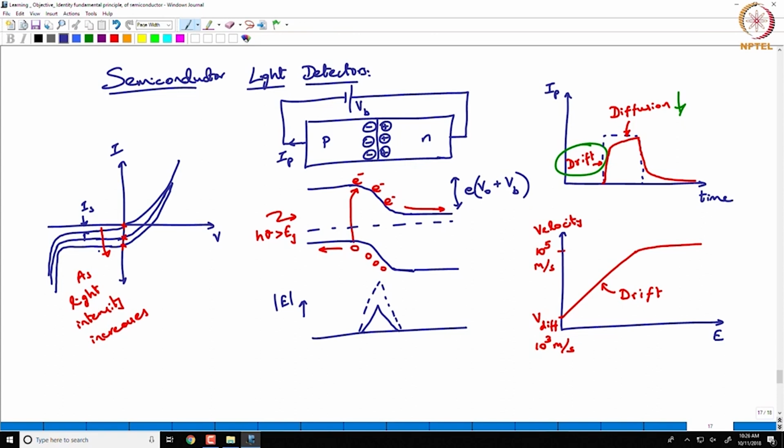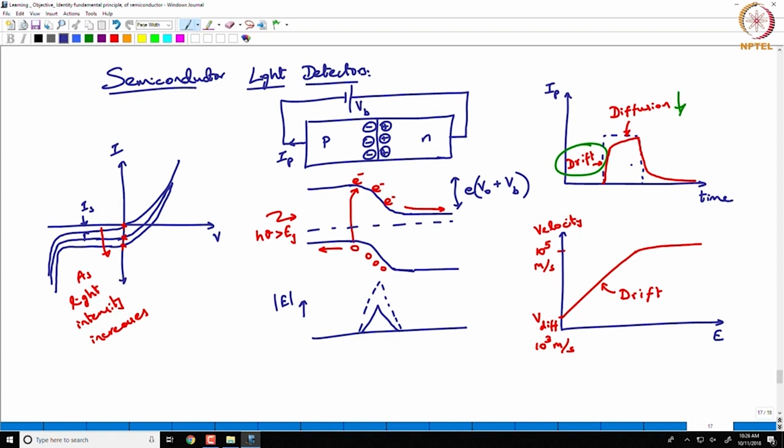Yes, so the question is, can we just review this I_P versus time? What we are saying is that the illumination is given by this dotted line, which corresponds to the power as a function of time. You would want an ideal photodiode to have the photocurrent follow that same dotted line.